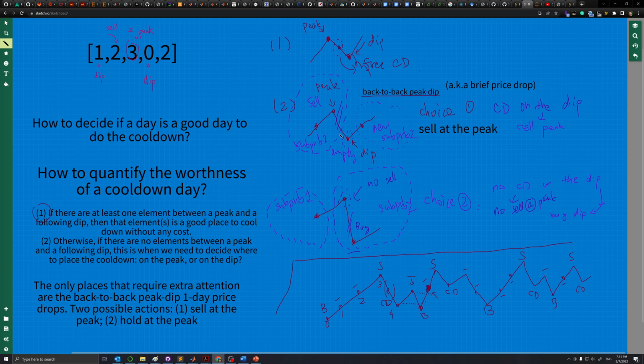Now, like you see in this sub problem here, can we just assign this dip to either subproblem 1 or subproblem 2?